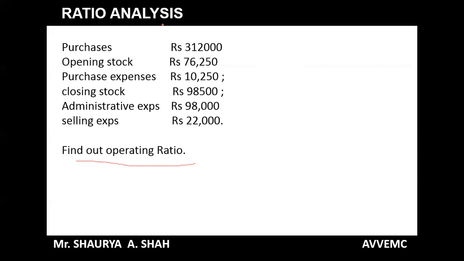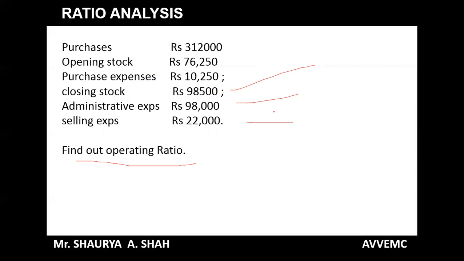Okay, students, I hope you must have read the sum and understood too. What is given in the sum? They have given you purchases, opening stock, purchase expenses, closing stock, admin expenses, and selling expenses.